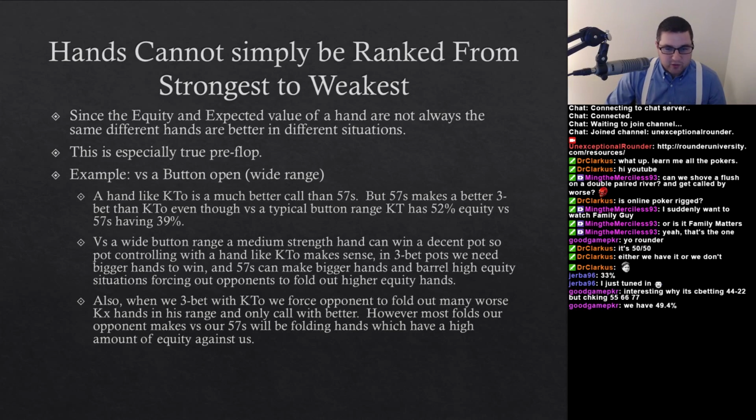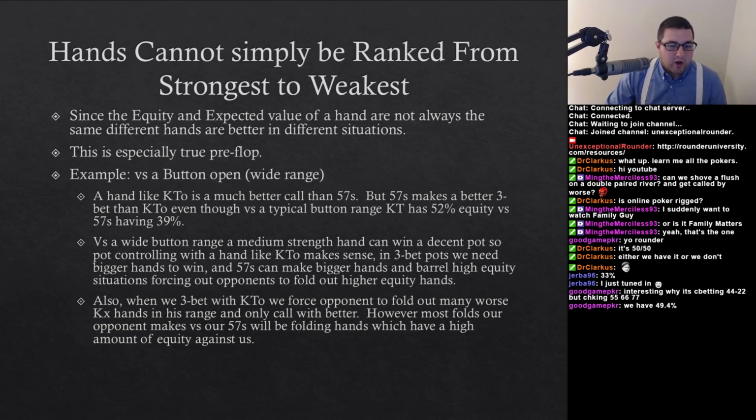Again, if you guys have questions about those numbers, I essentially plugged in standard 3-betting ranges and standard calling ranges versus a 3-bet and ran King 10 and 5-7 against them.